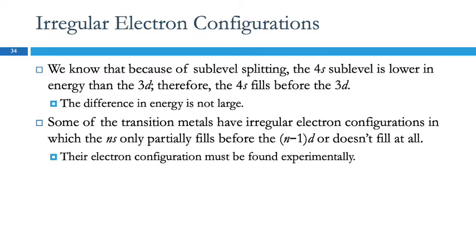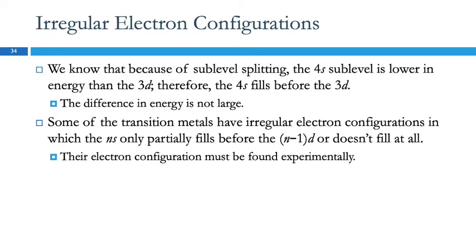The 4s is a little bit lower, and so it usually fills first. But then sometimes they kind of switch rooms around a little bit. So some of the transition metals have irregular electron configurations where that ns, whether it's 3s or 4s, may only have one electron in it before you get into the d room, or it might skip that one altogether.